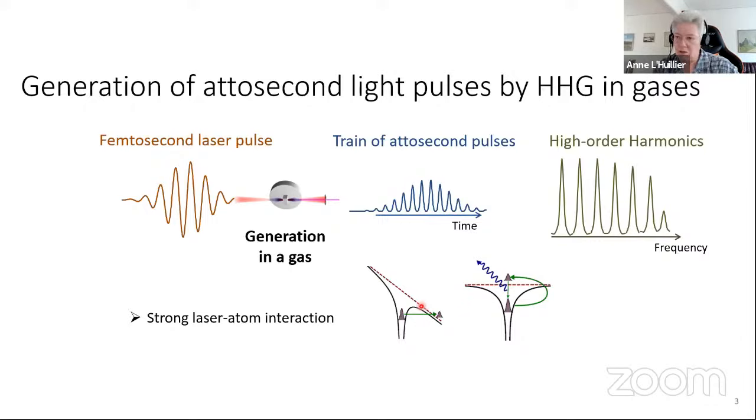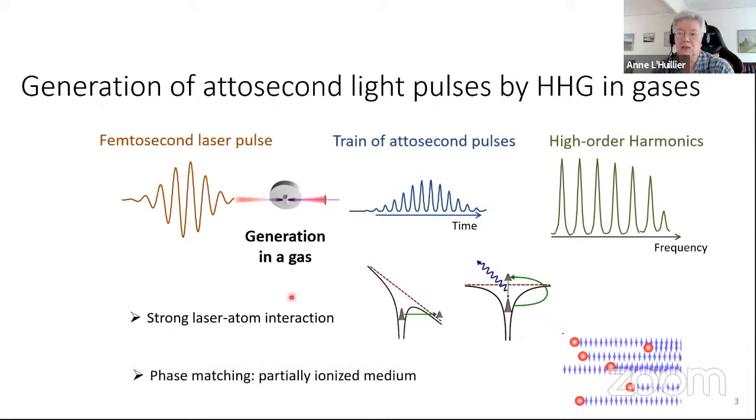And the second condition, which is necessary to get this radiation, is that you need to achieve phase matching. This is a nonlinear optical process, and usually it is achieved because at the same time as you have high order harmonic generation, you have also partial ionization of the medium, and this compensates for the dispersion in the medium, and you can achieve phase matching.